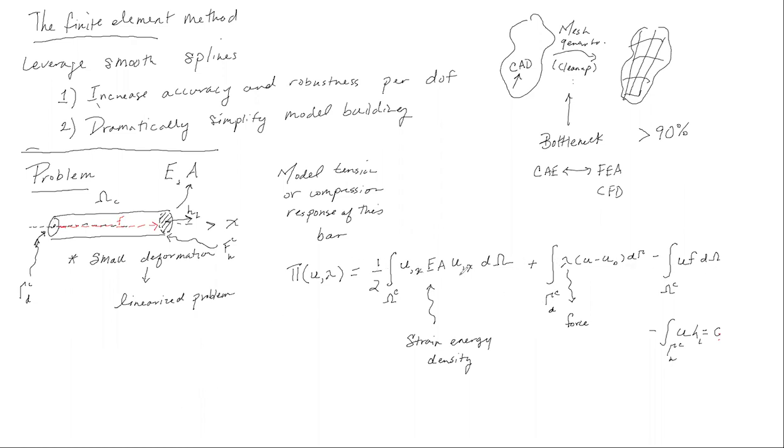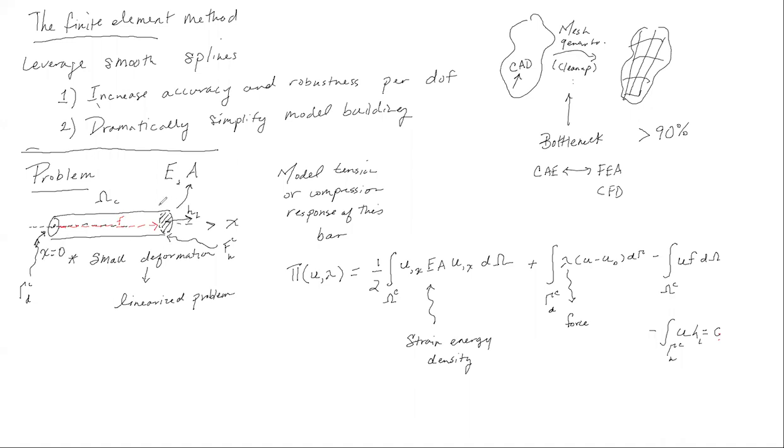Okay, let's go ahead and reduce all of this down to a one-dimensional problem. So these integrals now, I can put concrete limits of integration on them because I know that this is a one-dimensional problem. Let's call the left end x equal to 0.